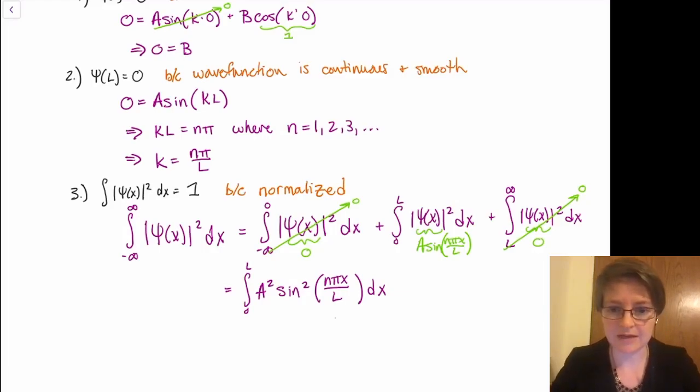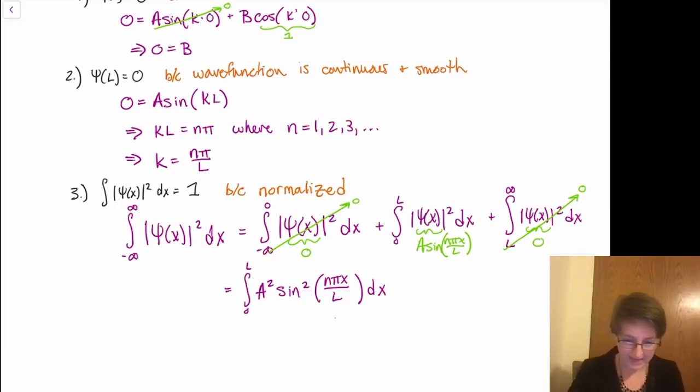And if you're like me, this is not necessarily an integral that you want to do by hand. The good news is that this is one of those integrals you can find in Atkins Appendix 1, so you have the common integral form for it. I'll just go ahead and write out what you would find in Appendix 1 of Atkins.